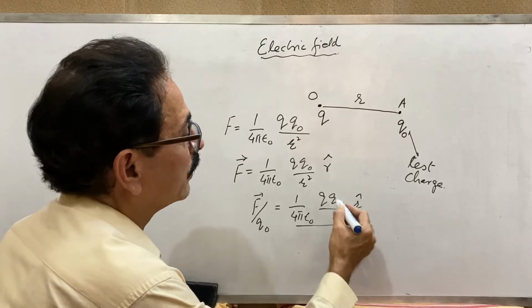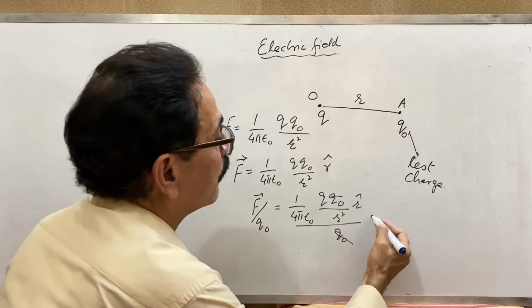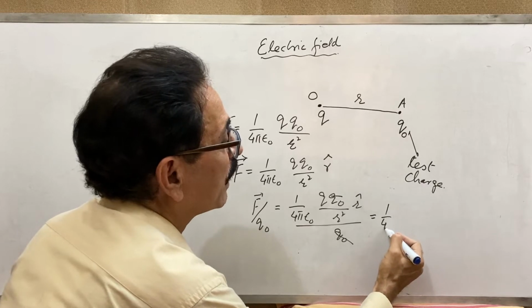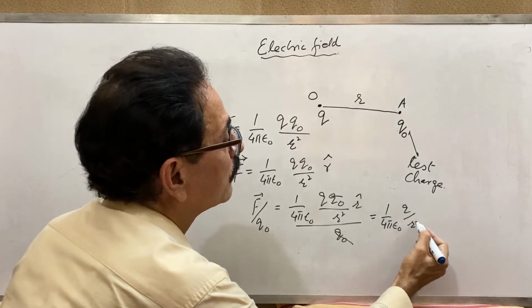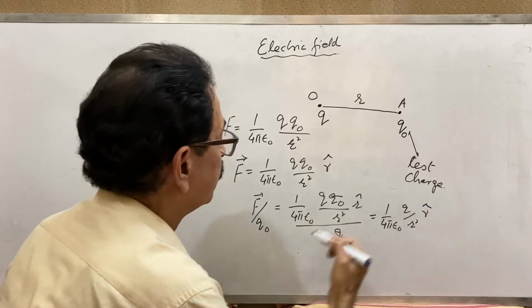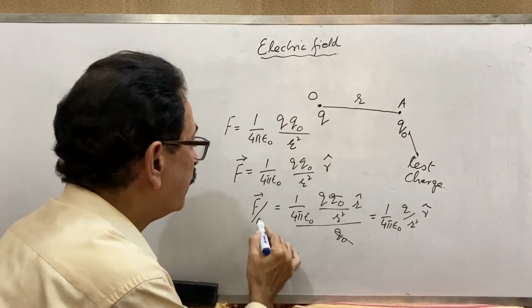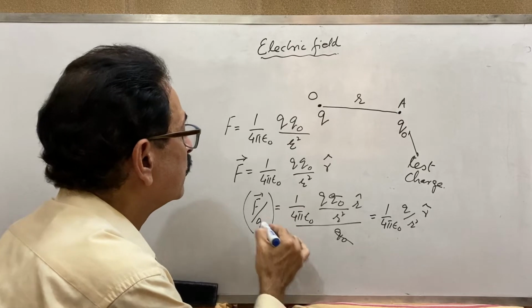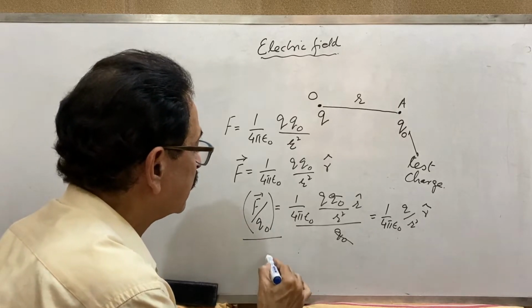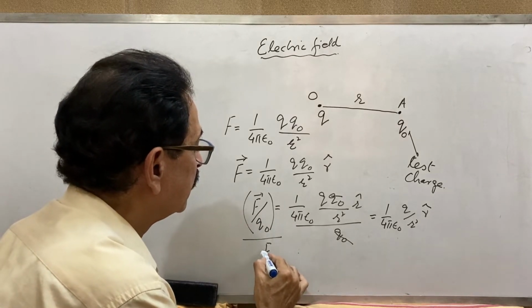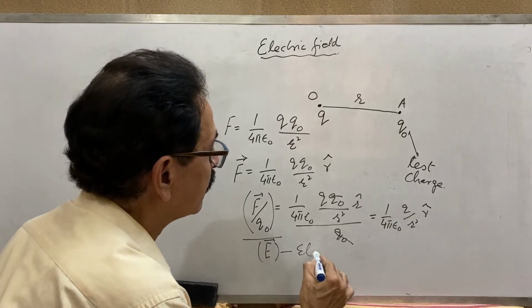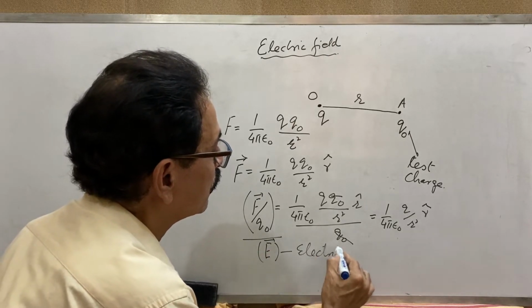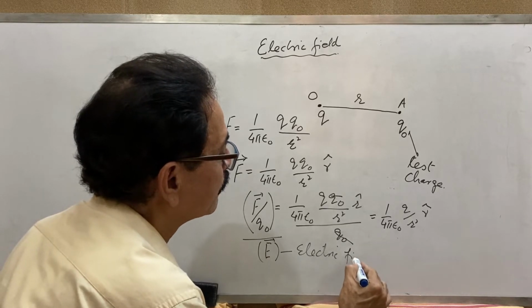This Q naught and this Q naught will cancel, and we write here 1 by 4 pi epsilon naught Q upon R square R cap. This F by Q naught is nothing but E. We denote it by E, known as electric field intensity.